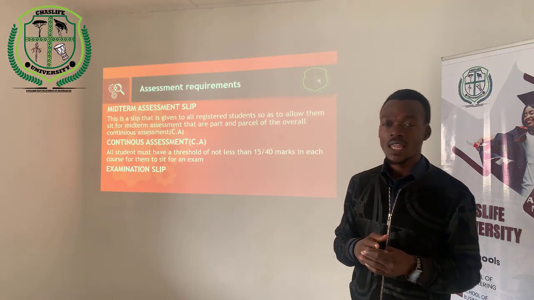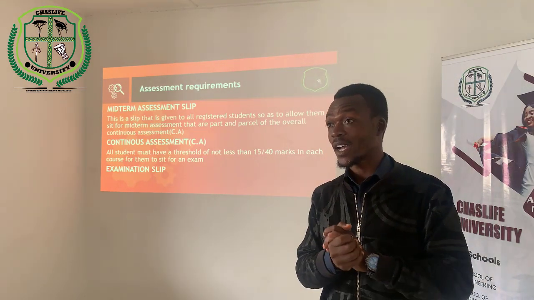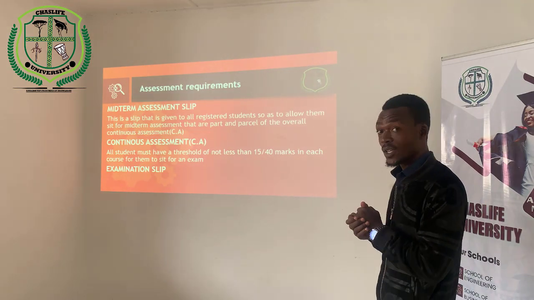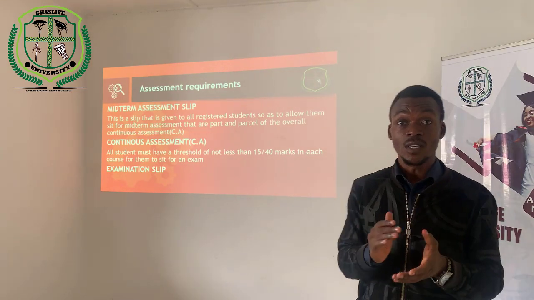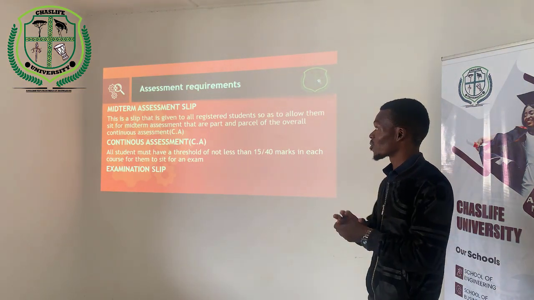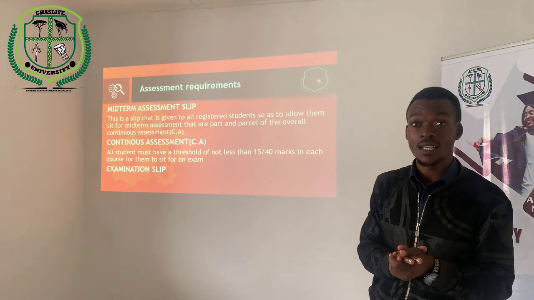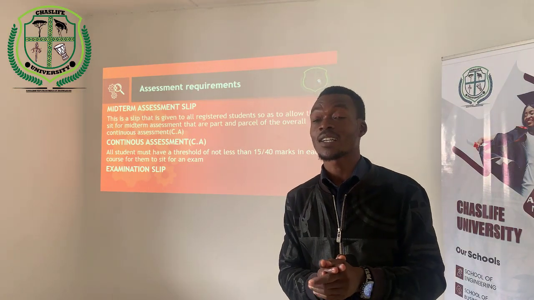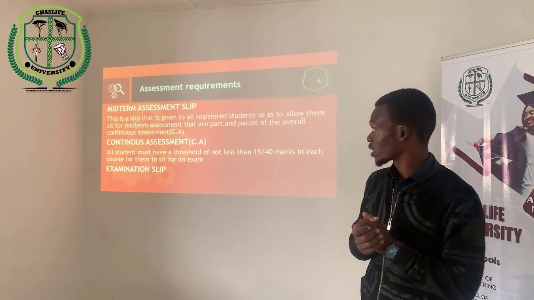So they will be required to get this slip. As an institution, we put it as a mandate that each and every student is supposed to get this slip so that it reflects the permission that they're supposed to sit for those courses.